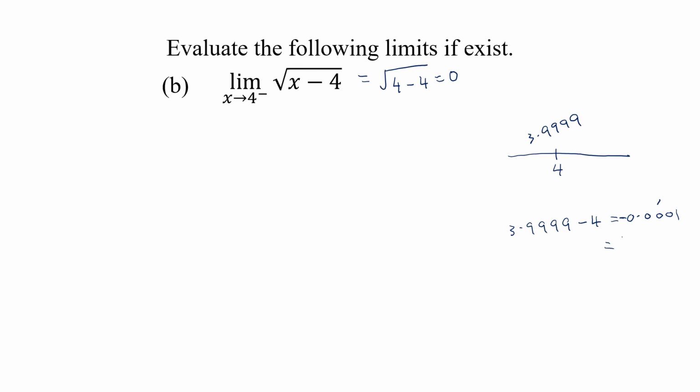And if we take the square root of a negative value, it is impossible to get a real answer. This is undefined, because the square root cannot take a negative value inside. So what we can say about the limit as x approaches 4 from the left of the square root of x minus 4 is that the limit does not exist.